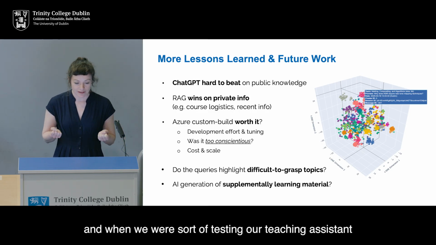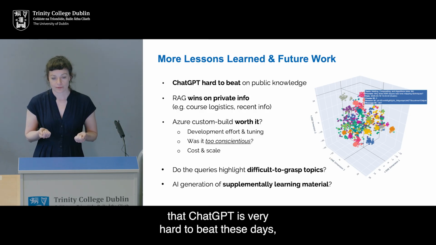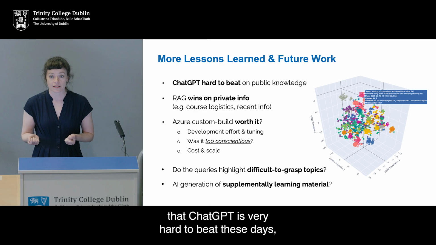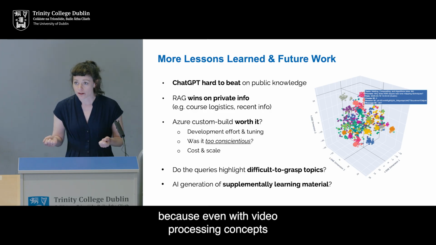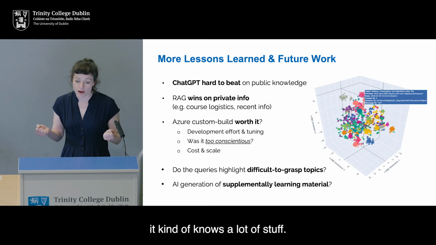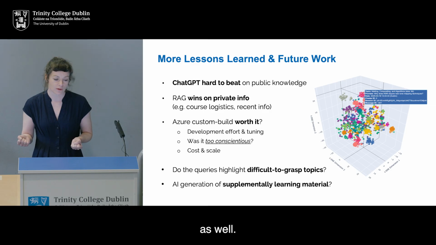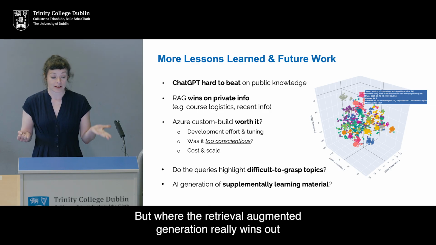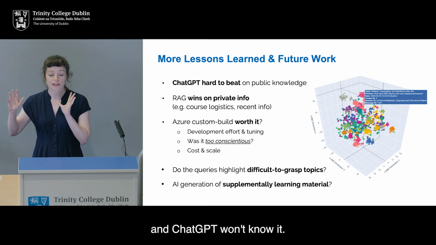When we were testing our teaching assistants against ChatGPT as we were tuning it, we found that ChatGPT is very hard to beat these days, especially on public knowledge, because even with video processing concepts and things that you think are really complicated, it knows a lot of stuff. So sometimes our teaching assistant wasn't doing as well. But where the retrieval augmented generation really wins out is when the information is private and ChatGPT won't know it.